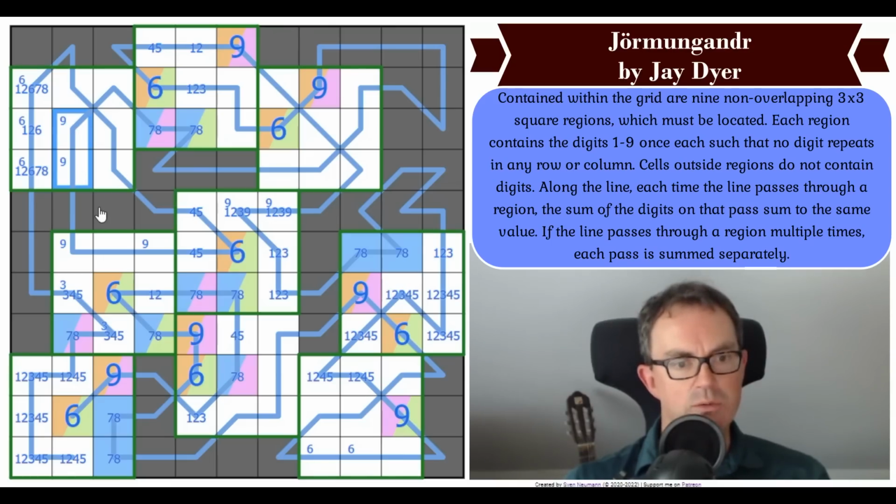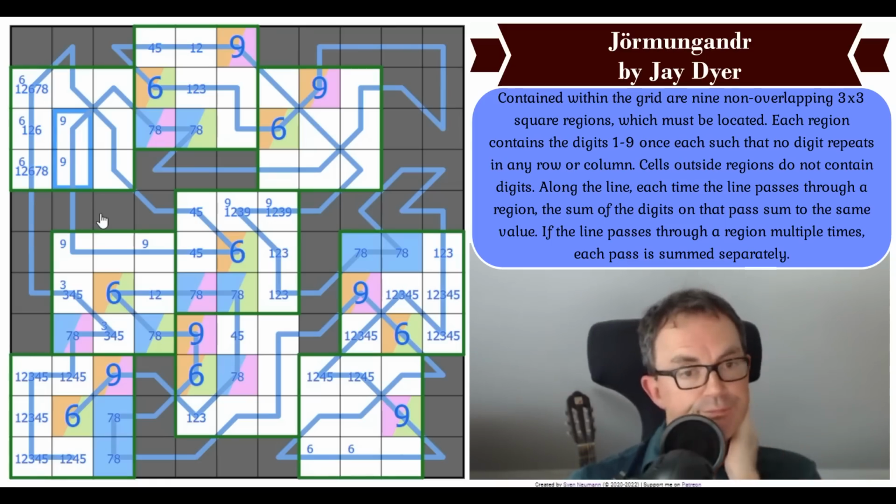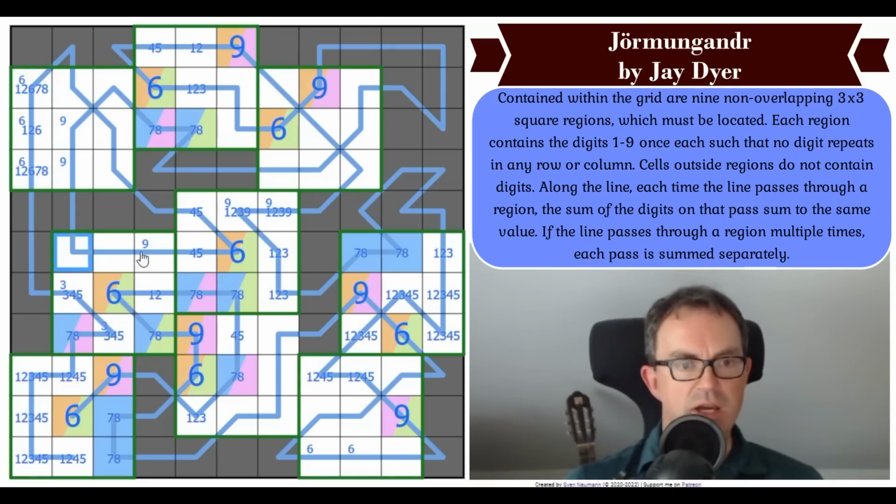So now... Now what do we do? We can use that to argue about... Well, actually, no, that is good. I've just spotted I've got a pencil mark 9 there. So this is not 9, that is 9. Epic. So that is a 9.